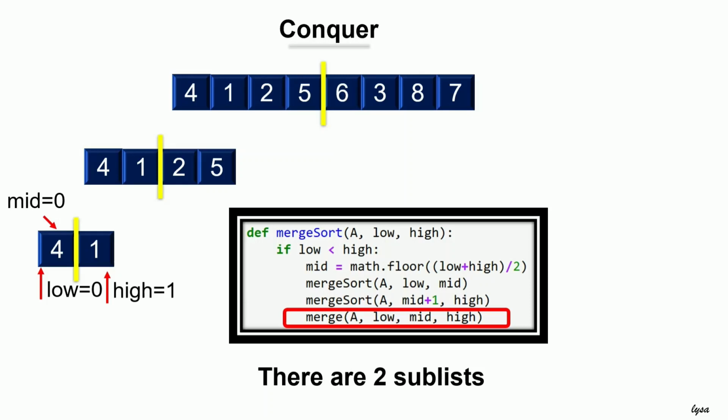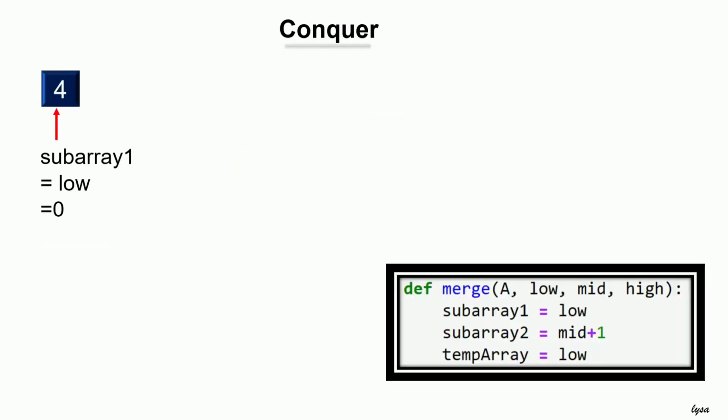So now I take a sublist of one element on the left, a sublist of one element on the right, and I make a list of two elements which are already sorted. Initially, in merge, we have two pointers. One we call subarray 1 and the other subarray 2. Subarray 1 is a pointer that moves across the first sublist, and subarray 2 is a pointer that moves across the second sublist.